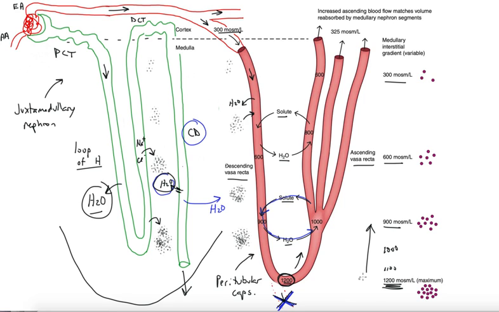There's one downside to this system. This is called countercurrent trapping, where this stuff is sort of like going around and around. It's like caught in an eddy down here, going back and forth between the descending and ascending vasa recta. And that's that the oxygen is coming in at relatively high content, right? Coming in into the capillary at higher oxygen, and is adjacent to low oxygen.